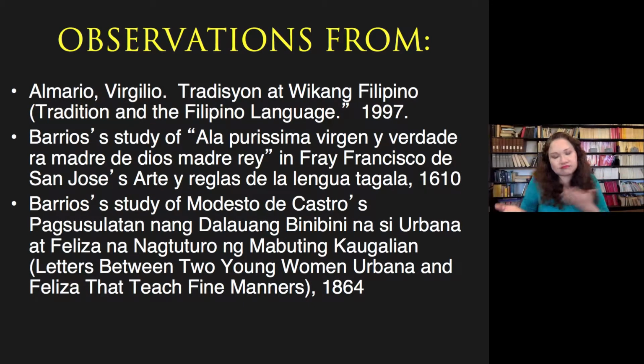The translation of this is letters between two young women, Urbana and Felisa, and these letters teach fine manners, written in 1864. Why did I have these two studies? Because I was trying to compare the letters in 1610 to the letters in 1864.